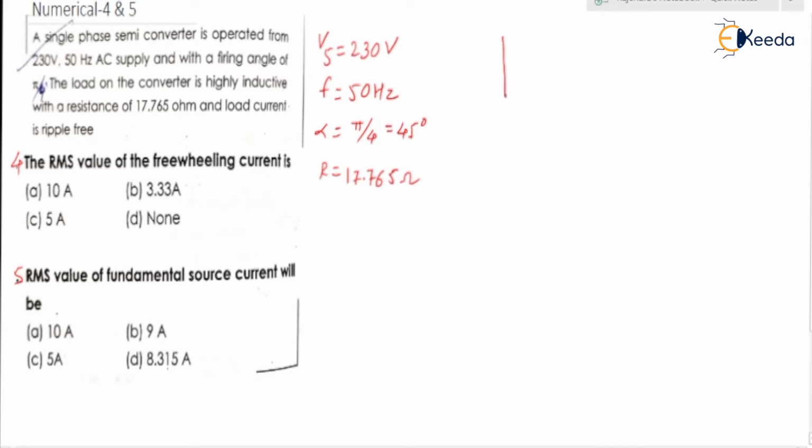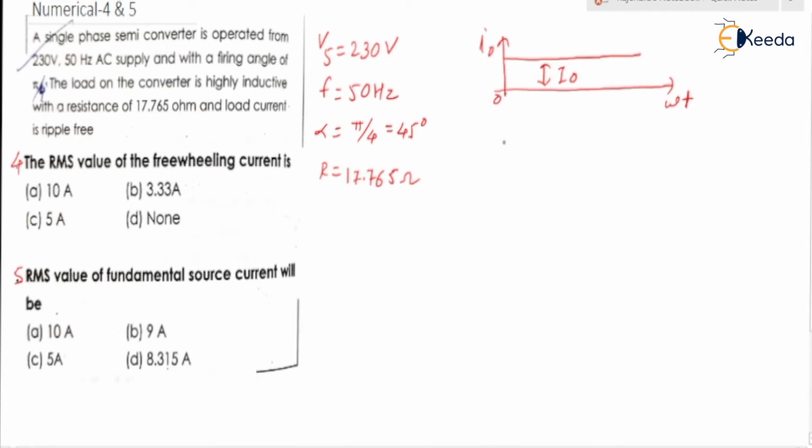It is the same as the previous example. I0 is a constant current. Suppose this is the omega t axis, and here we have I0, a constant current with magnitude capital I0.